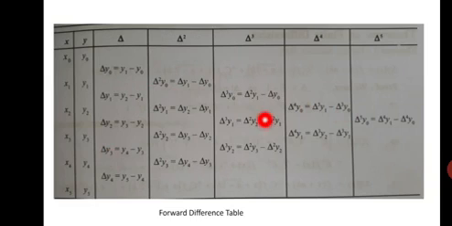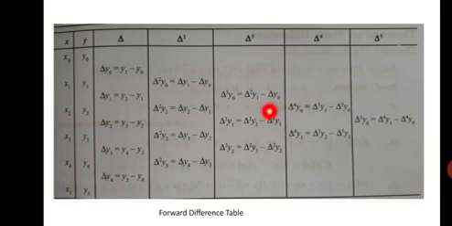So here, similarly, we can take the difference of delta square of y1 minus delta square of y0. We can get delta cube of y0. Similarly, delta square of y2 minus delta square of y1, we can get delta cube of y1. Similarly, if you take the difference of delta square of y3 minus delta square of y2, we can get delta cube of y2.